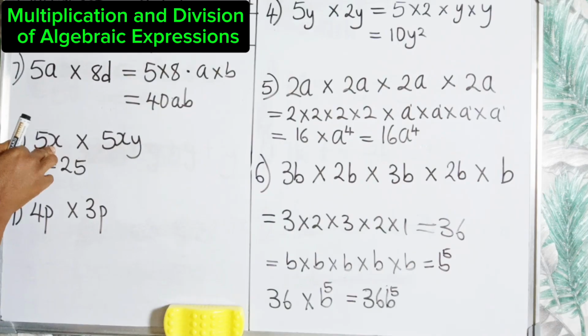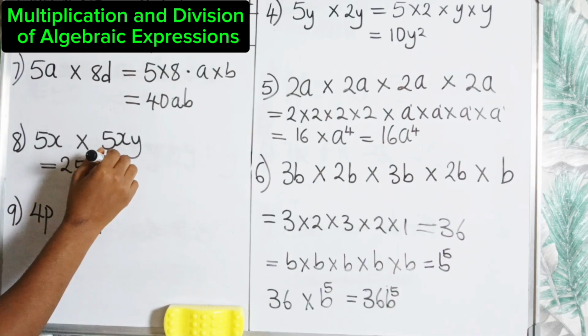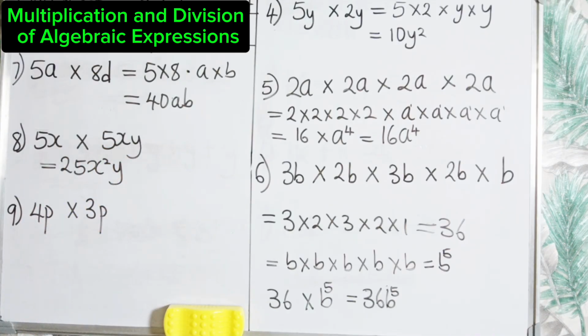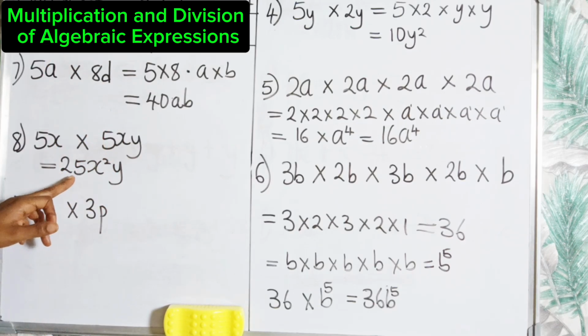I'll multiply the variables. So here I have x times x, which is x squared, and then I add my y. So 5x times 5xy is equal to 25x squared y.